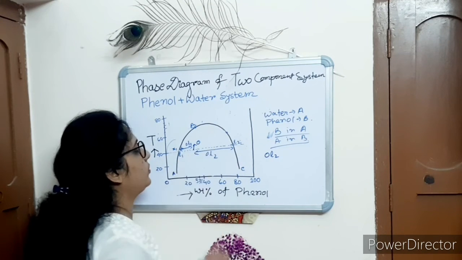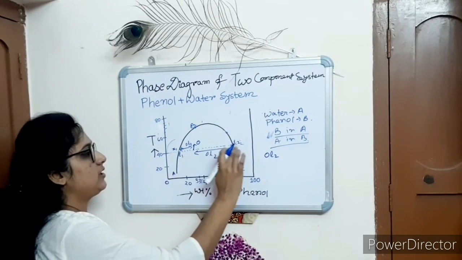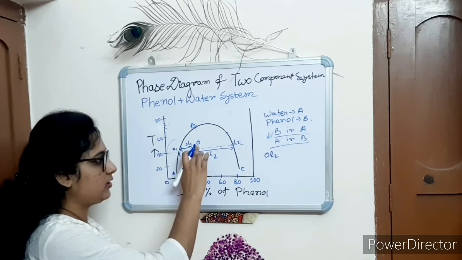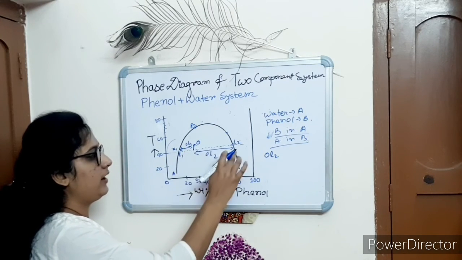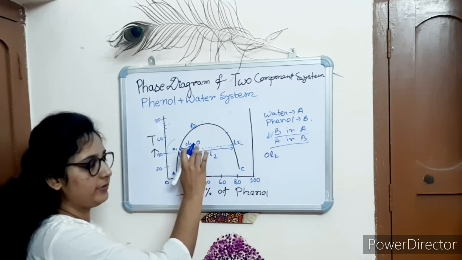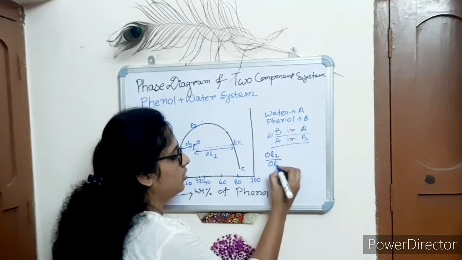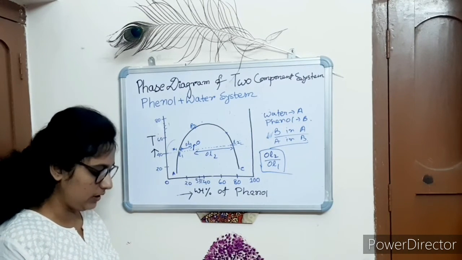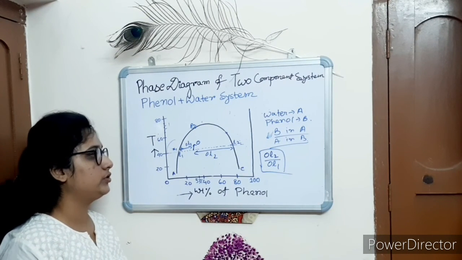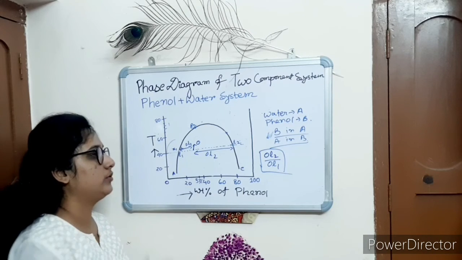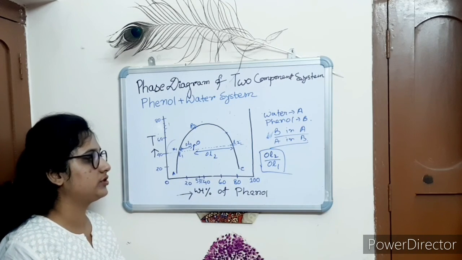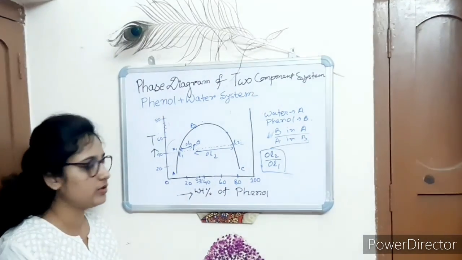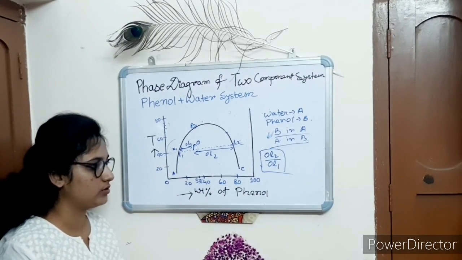So what is the composition of L1 and of L2 at point O? That is, what portion of L1 is at point O and what portion of L2 is at point O: OL2 by OL1. So from this lever rule you can say the composition of B in A at point O and the proportion of A in B at point O. So you can say that from this phase diagram also.